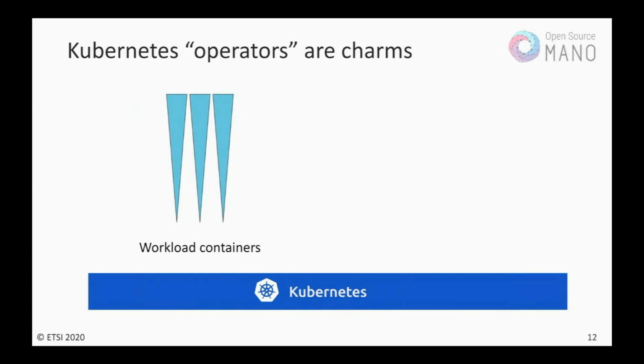We have workloads which usually we cannot change because they come in a Docker image. So we face the same problem. We need a third thing, a separate place in which we should put the code to operate the workloads.